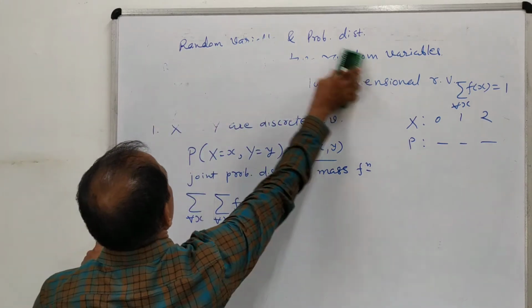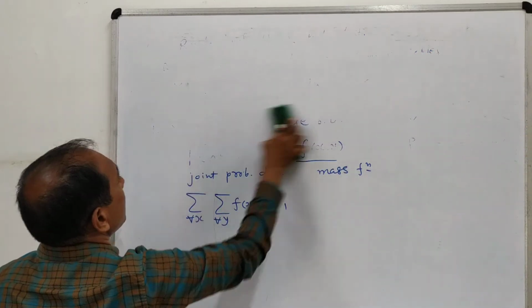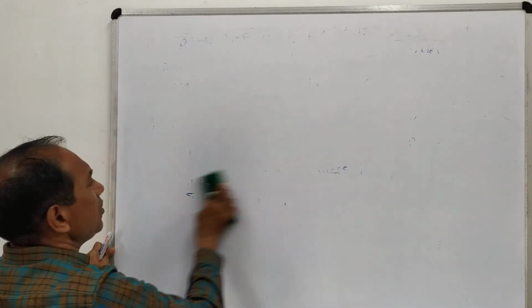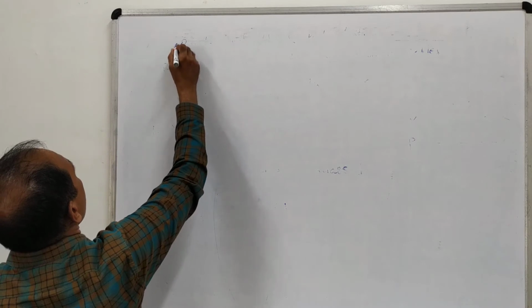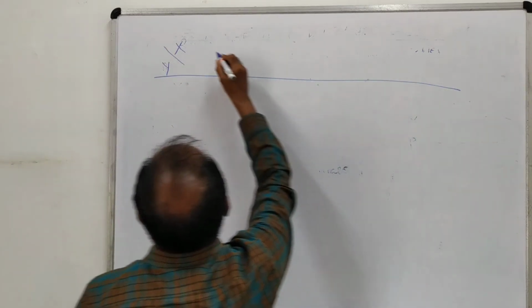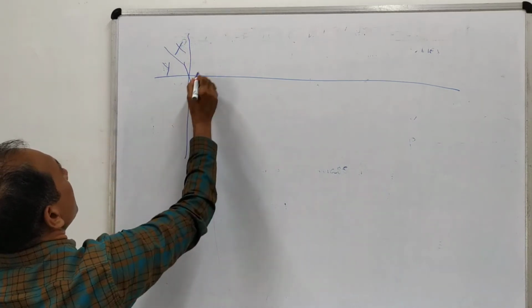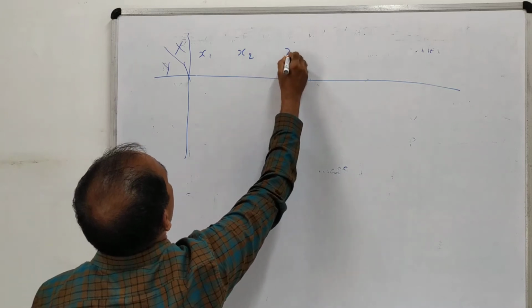Now how to tabulate these values of the probability, the joint probability mass function? So we can tabulate them in this way. X and y. We will have in this column the values of x, say suppose x1, x2, x3.